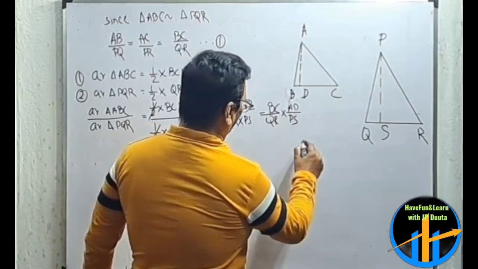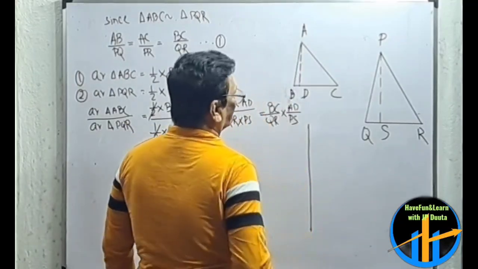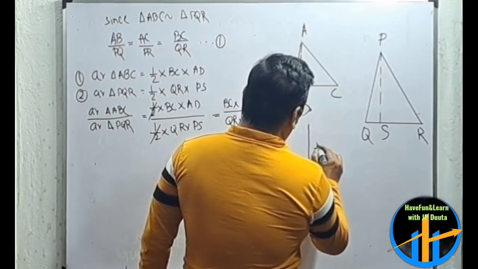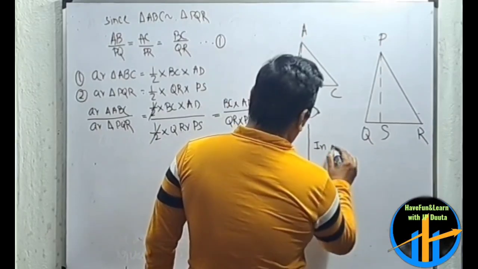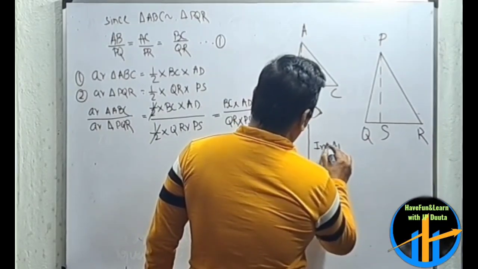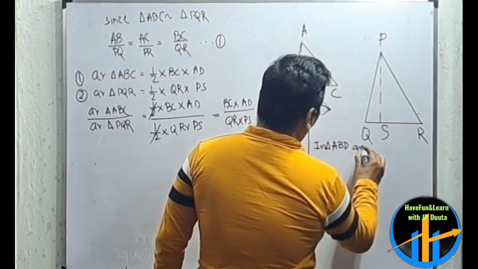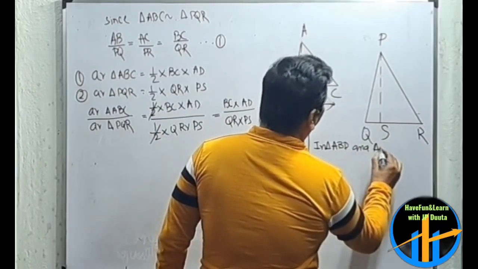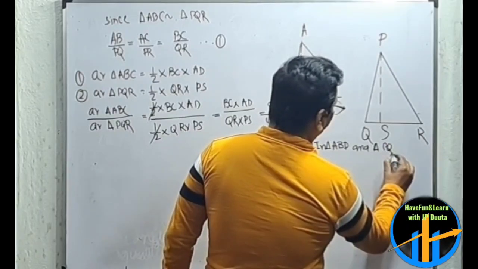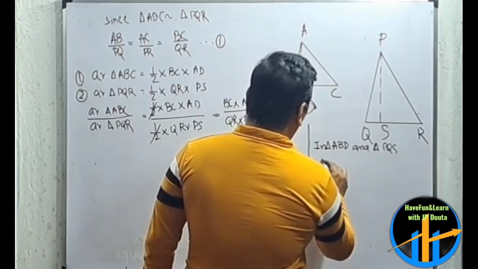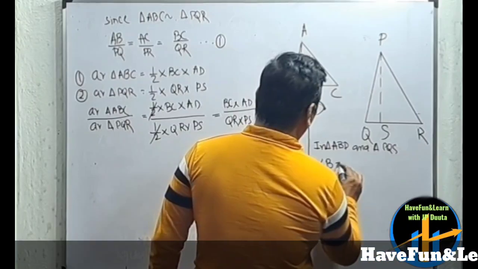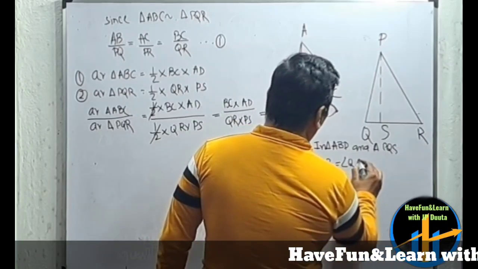Now here, however, in triangle ABD and triangle PQS, angle B is equal to angle Q. Why?